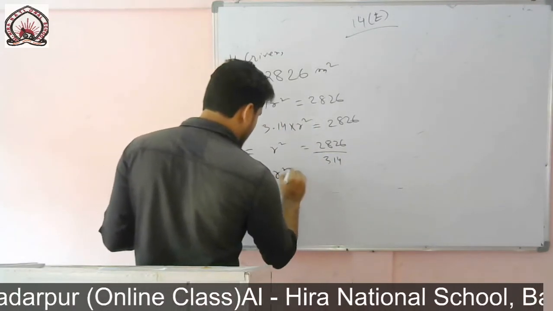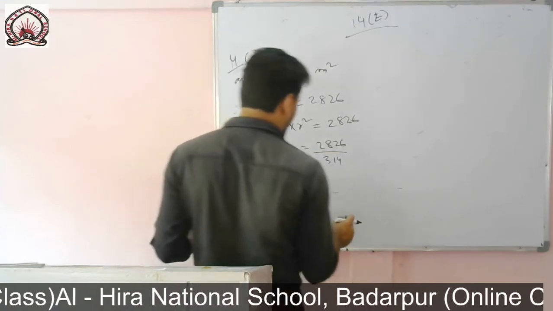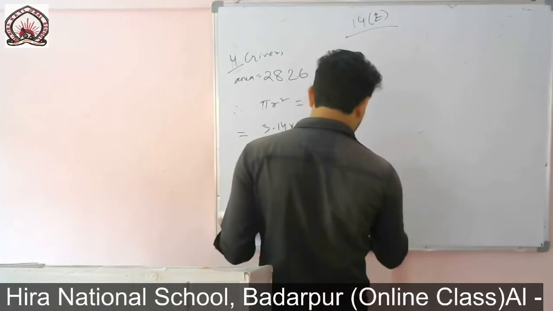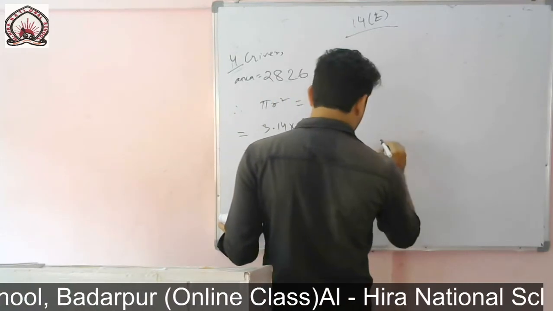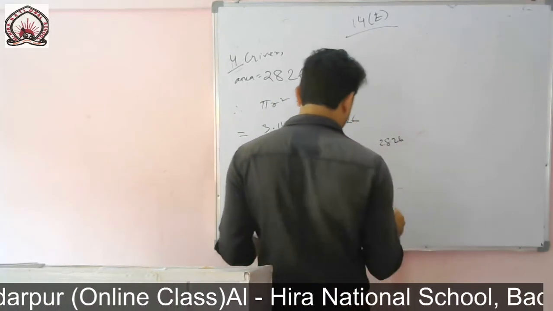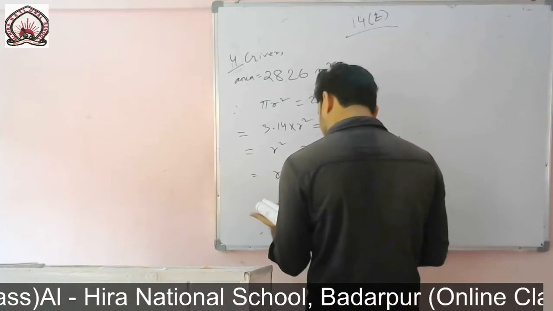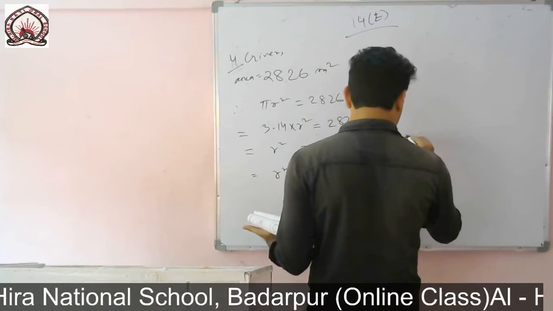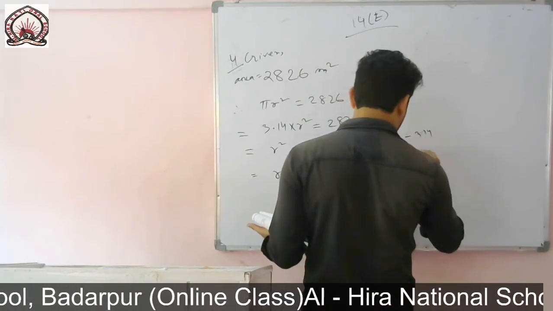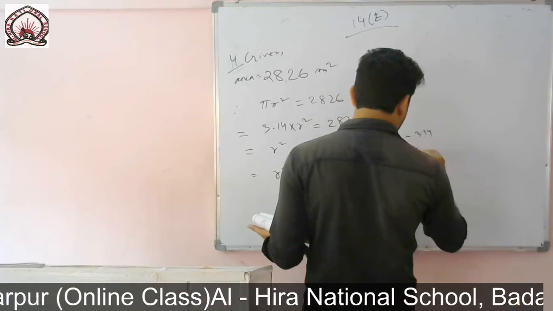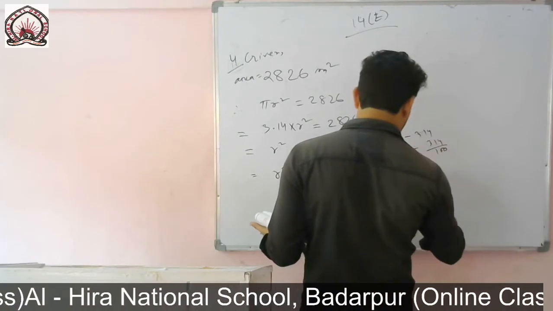You just divide this, and it will come like this: 2826 divided by 314 by 100.